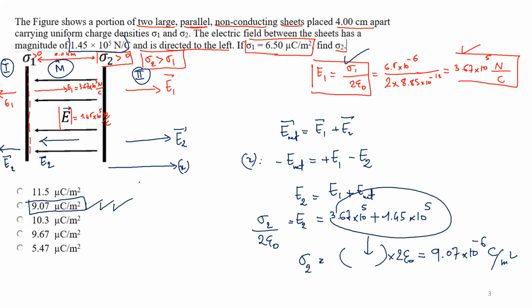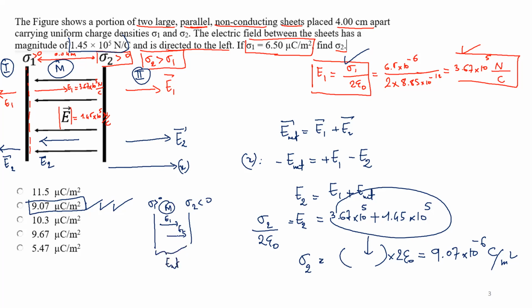Look at the problem and ask yourself different questions. If sigma 1 is positive and sigma 2 is negative, in the middle here, the electric field E1 is pointing away, and here E2 will be pointing towards. So this is E2. The net electric field here will be larger.